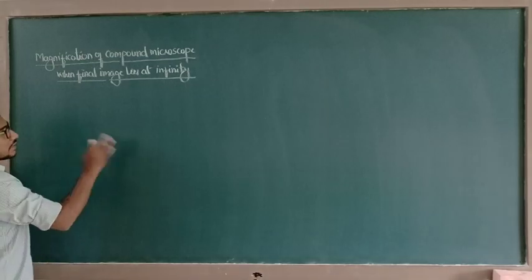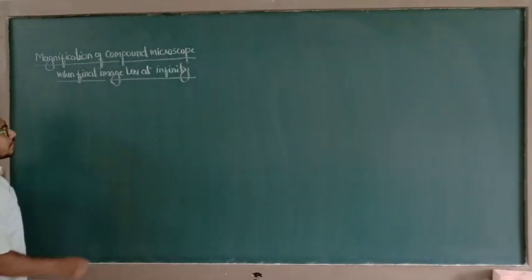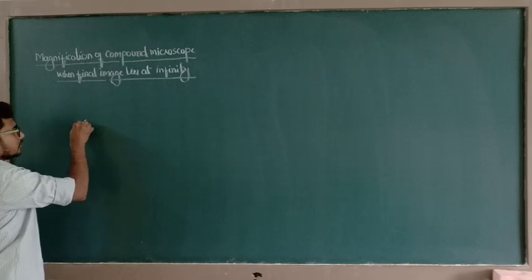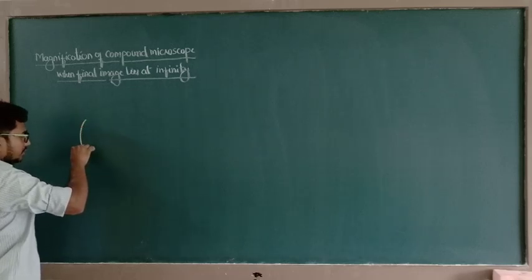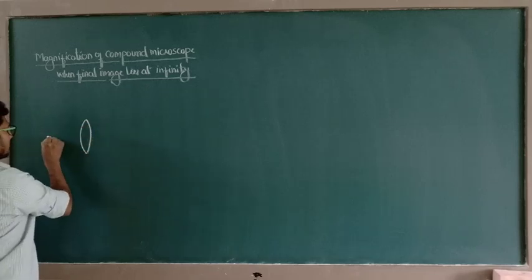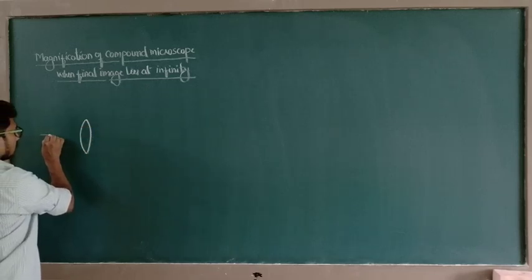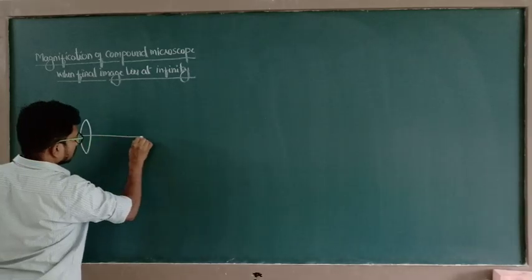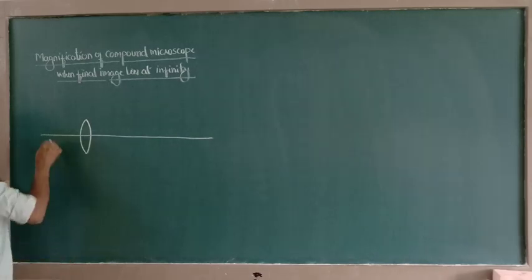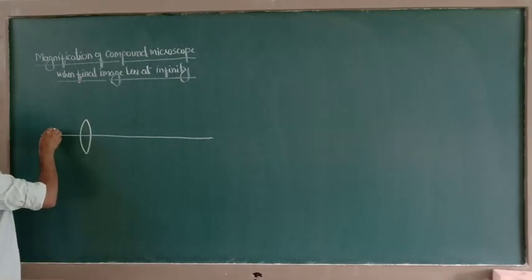So let us consider the experimental arrangement. Convex lens or objective, principal axis. Let us consider an object AB.